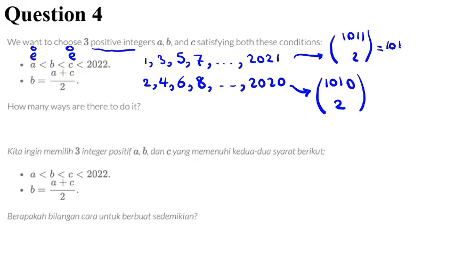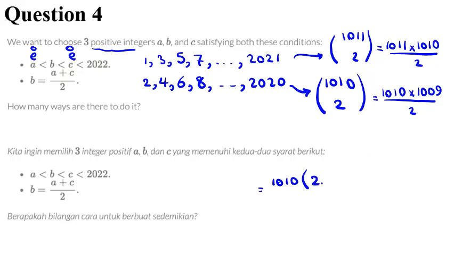If we calculate both of them, the first one is 1011 times 1010 over 2, and this one is 1010 times 1009 over 2. We add up these two, because we can consider this one or this one. So it will be 1010 times (1011 plus 1009), which is 2020, all over 2, and if we divide, it will be 1010.